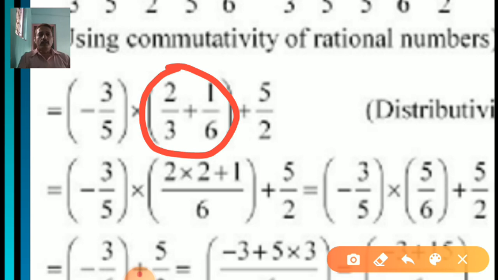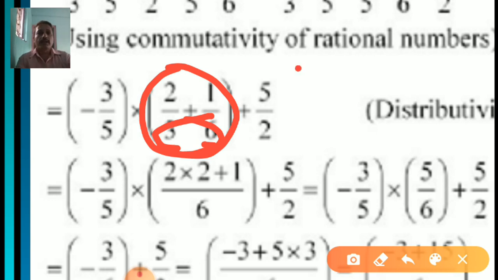Now look at the denominators of both. Here is 3 and here is 6. The LCM of 3 and 6 is 6. That means I want to make both denominators 6. In the second case, 6 is already present. Now what about the first one?